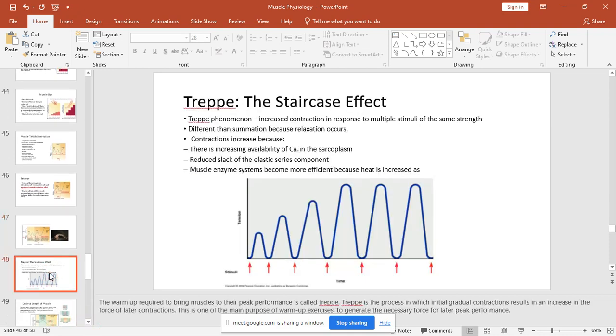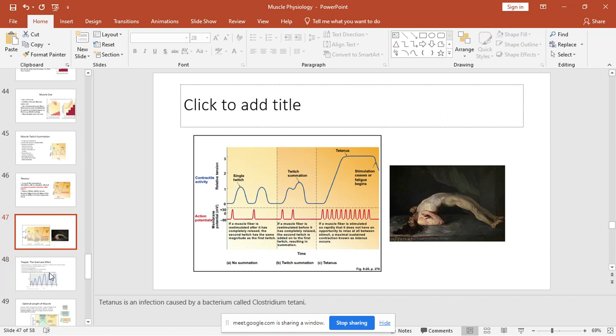Okay, so that you don't lose track of what we are talking about, we were talking about factors that will influence muscle tension. From this we can see, when we talk about single twitch and twitch summation, it is basically the timing at which your action potentials are arriving with reference to the contraction and relaxation of the muscle. So if they arrive too quickly and do not allow the muscle to rest, you can have a twitch summation, and if they arrive in very quick succession without giving the muscle any chance to rest, you're going to have what is known as tetanus.